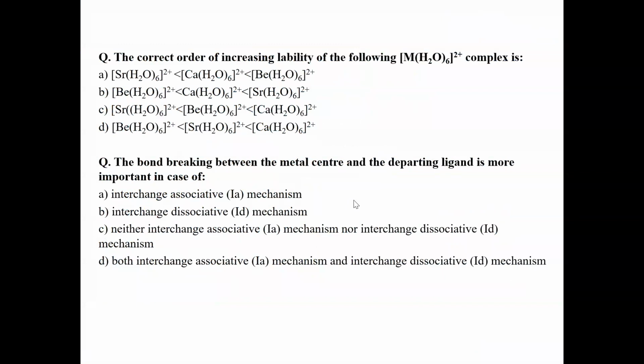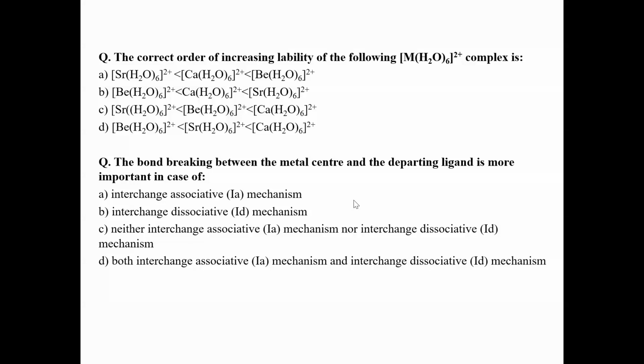The larger the size of a metal in the complex, the greater will be the lability, and the smaller the size, the lesser the lability, because a smaller cation will form a strong bond with the ligand. So with the concept I have told you, tell me which will be the right option for this one.